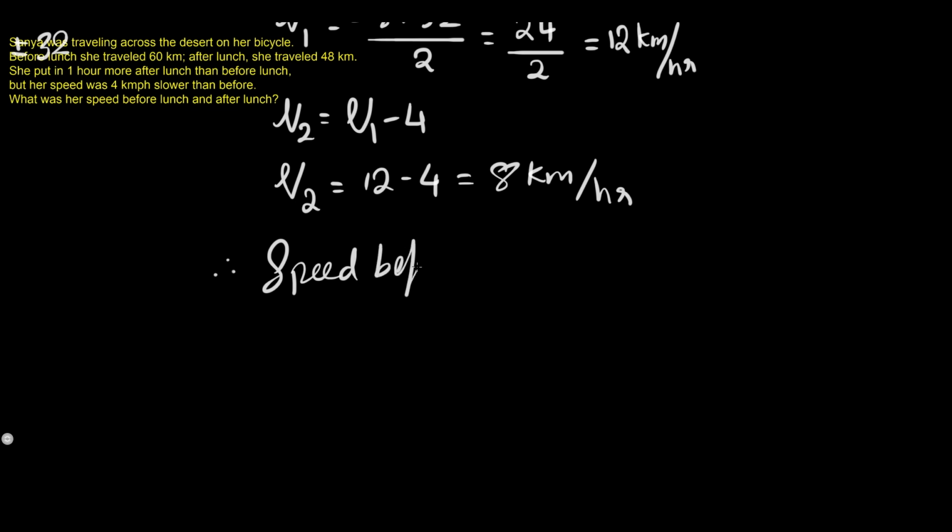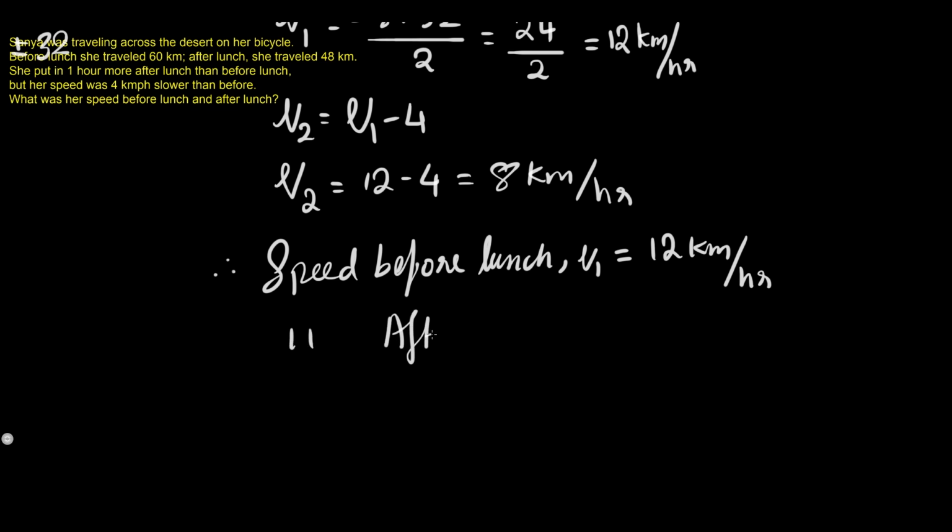Proper English: speed before lunch, v1, is equal to 12 kilometers per hour. Speed after lunch, v2, is 8 kilometers per hour. So that's the answer.